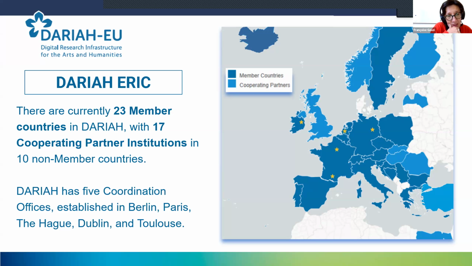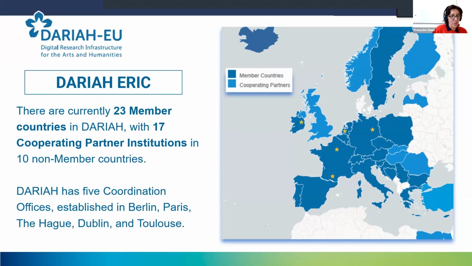But in social sciences, we have distributed ones. So DARIAH-ERIC is a distributed infrastructure that aims to enhance and support digitally enabled research and teaching across the arts and humanities. There is no operation of central service. I will explain this a bit later.